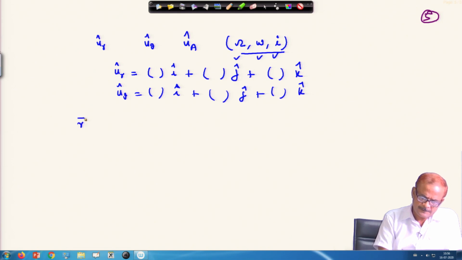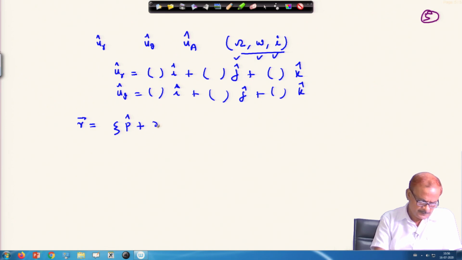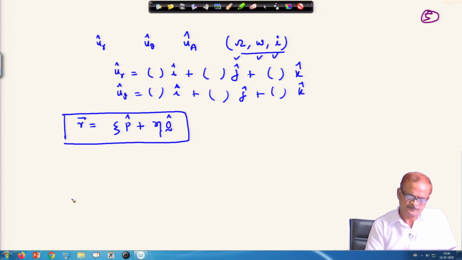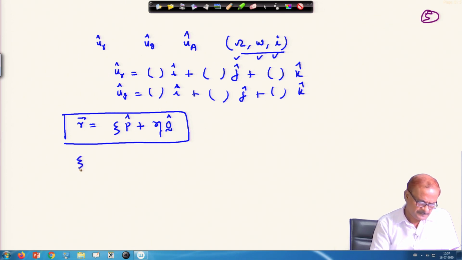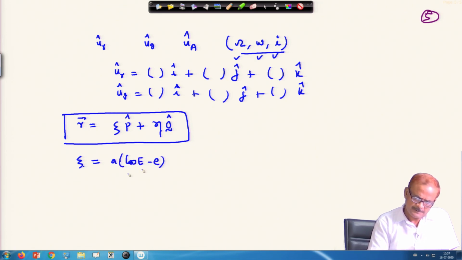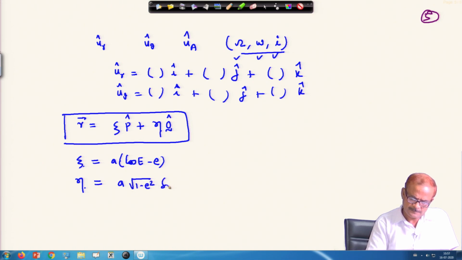So, thereafter we wrote r as xi times p cap plus eta times q cap, and this model we have used earlier while evaluating the Lagrange bracket. And here we have the xi as a times cos E minus e and eta as a times square root of 1 minus e square times sin E.